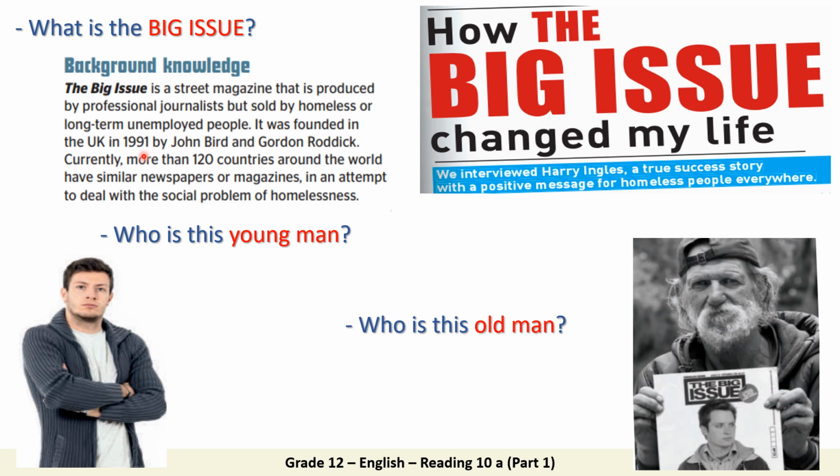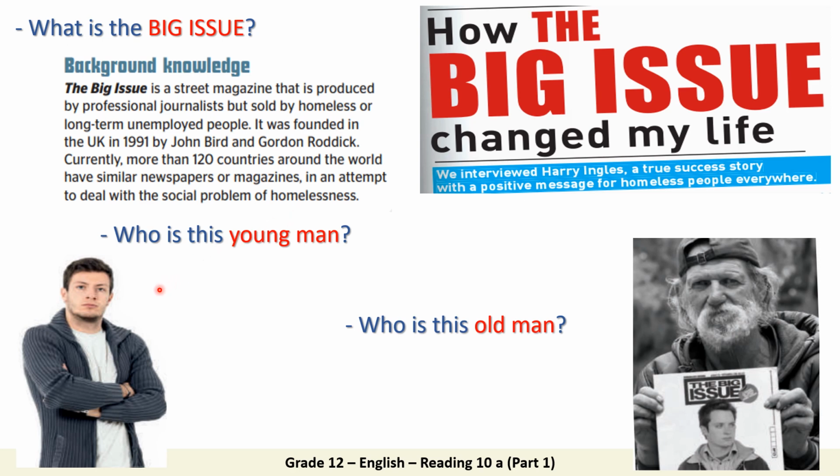Who founded it? Two people, John Bird and Gordon Roddick. Currently, nowadays, more than 120 countries around the world have similar newspapers or magazines in an attempt to deal with the social problem of homelessness.